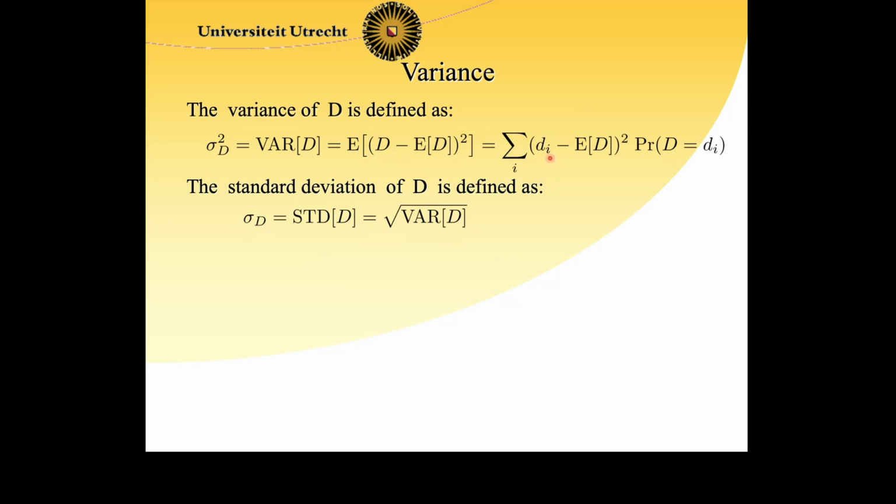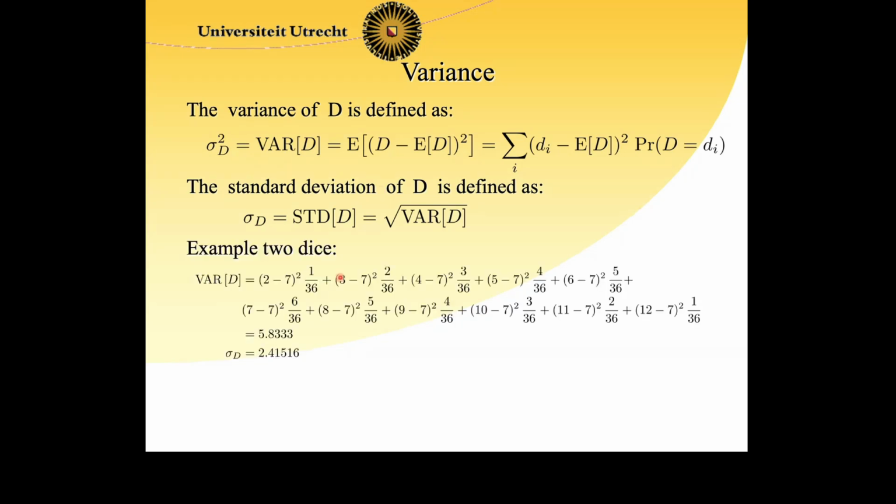So we take the possible outcomes, subtract the expected value or mean, square it, multiply by the probability of that outcome, and sum. We get a weighted sum, and that gives us the variance. Of course, the square root of that is the standard deviation of the random variable.